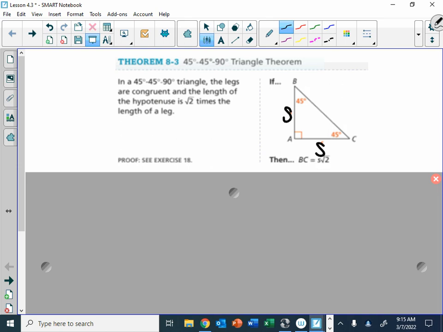But the legs are congruent to each other, and we're just going to call them S. Okay, the hypotenuse of a 45, 45, 90, we're going to take our side and multiply it by the square root of 2. So your hypotenuse of a 45, 45, 90 is always your side times the square root of 2.